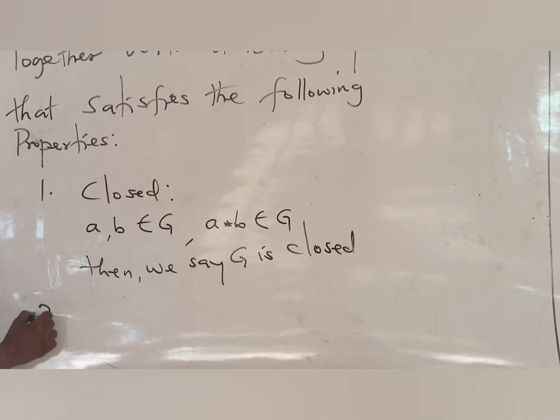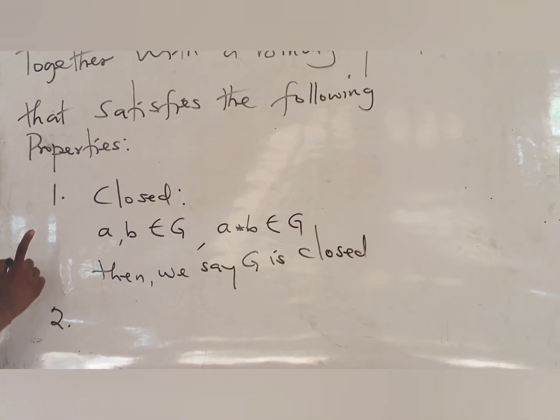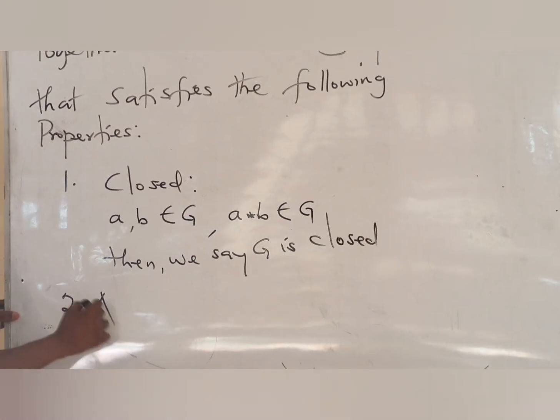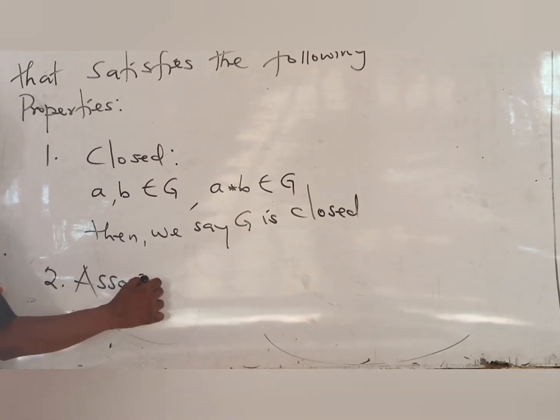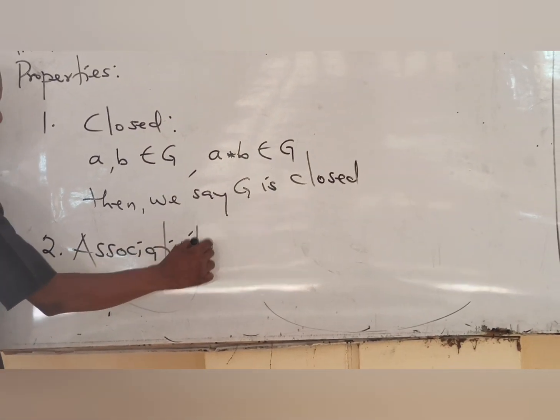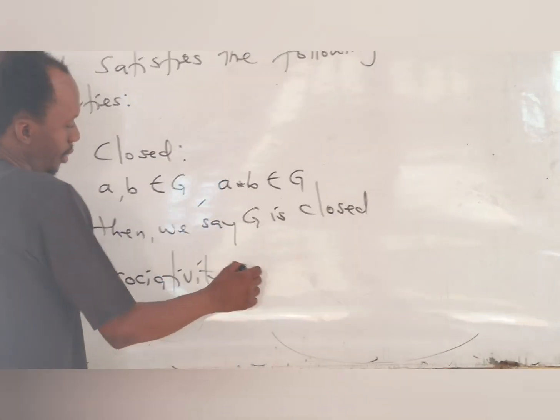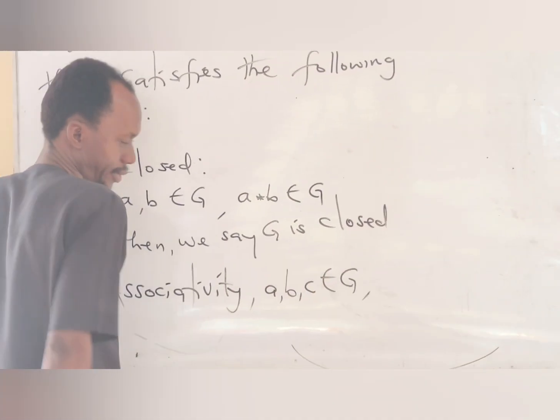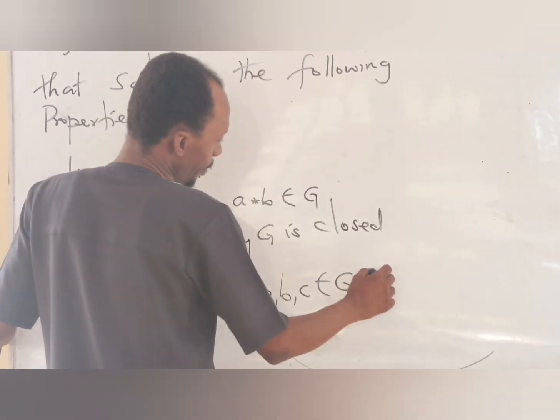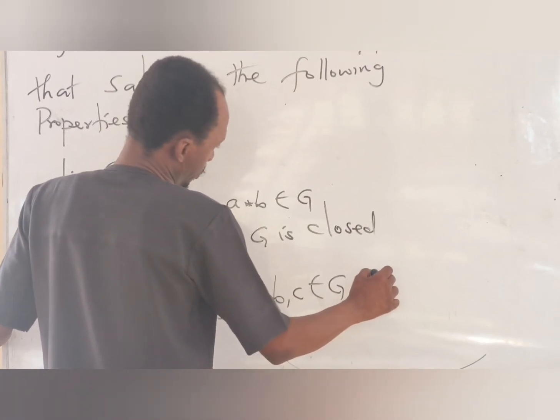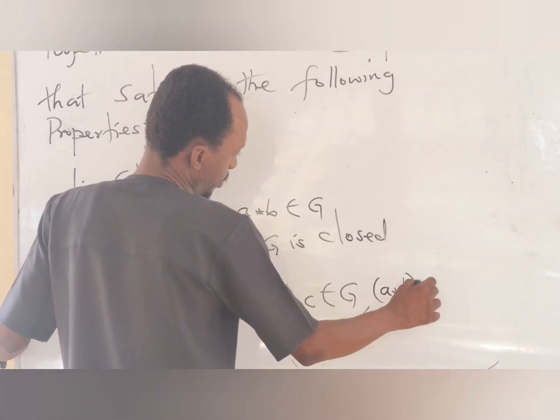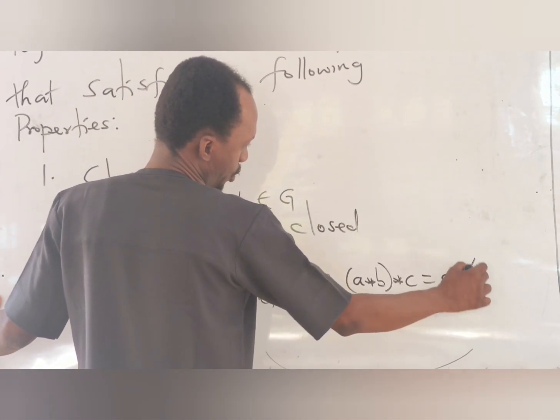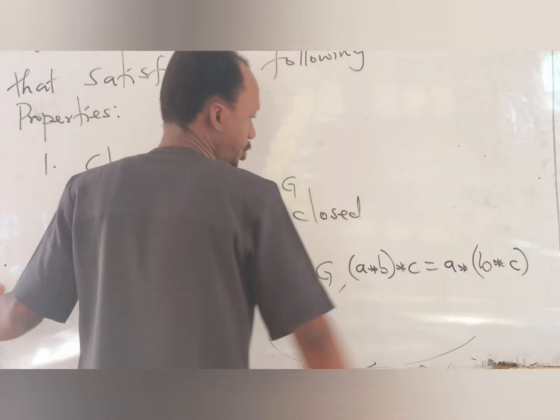Now, for any given non-empty set, for the binary operation to be a group, it must also satisfy the associativity property. That says that if A, B, C are in a group G, then (A operation B) operation C equals A operation (B operation C).